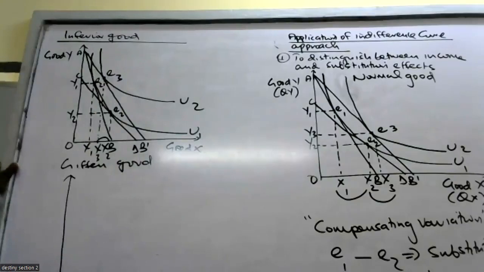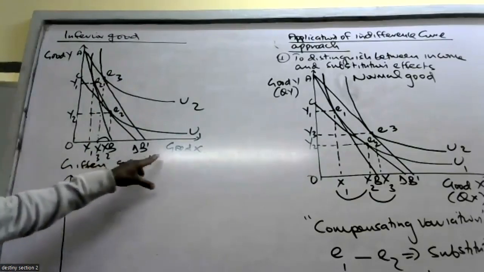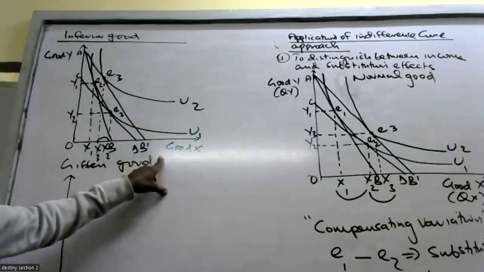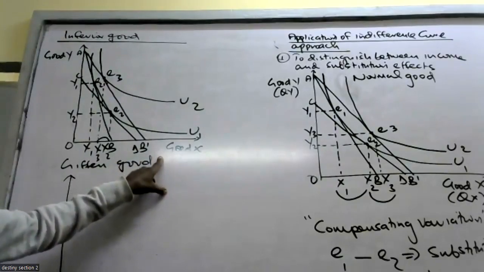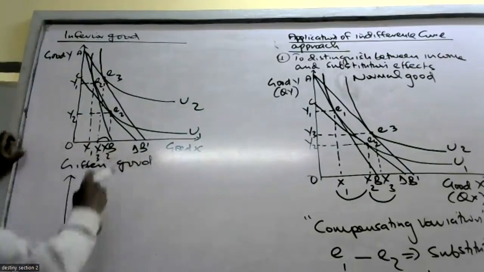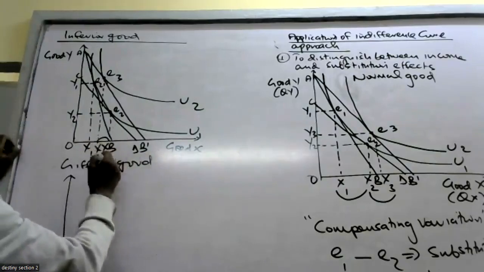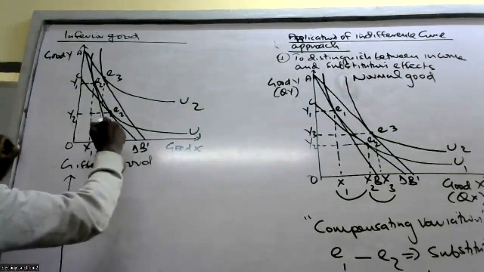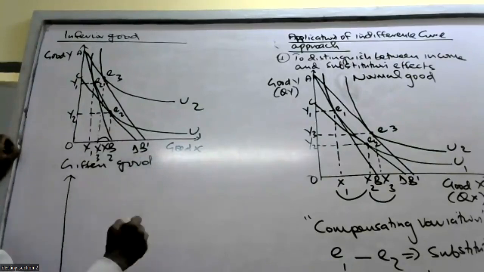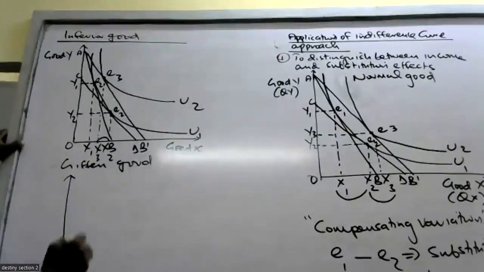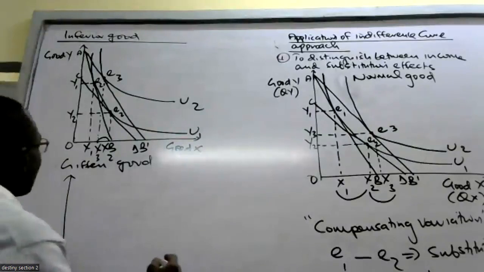The difference is this. For an inferior good, as the price of the good is reducing, you don't buy more of that good. You buy less from the savings. So from X2, you move backwards to X3 in the middle, so that the substitution effect is positive.